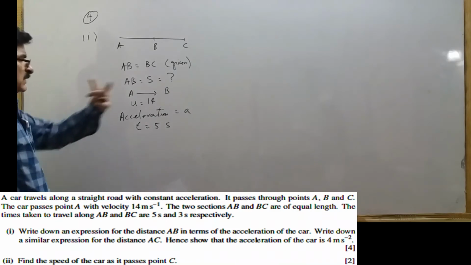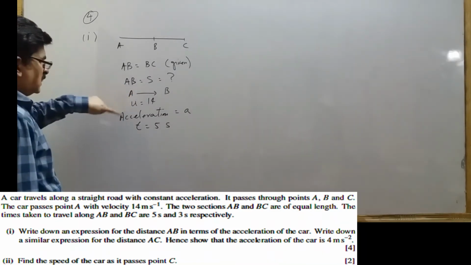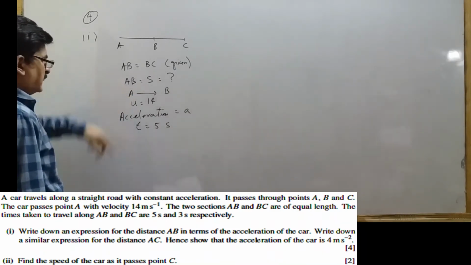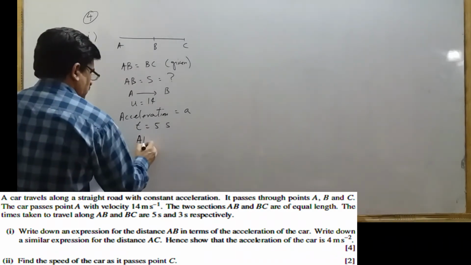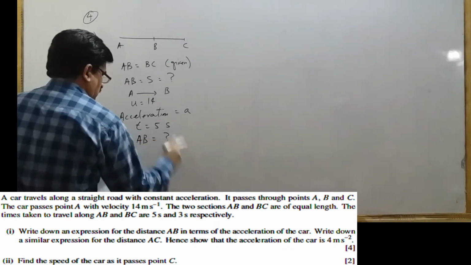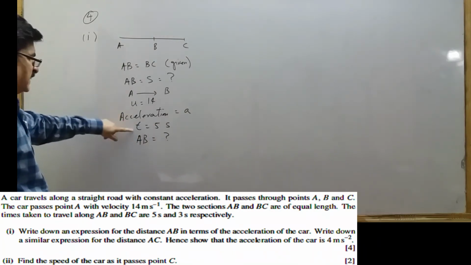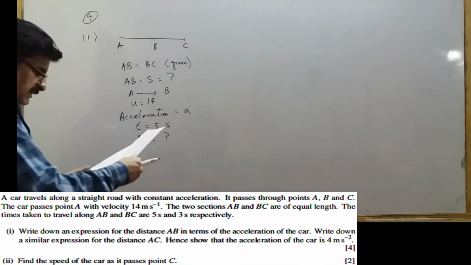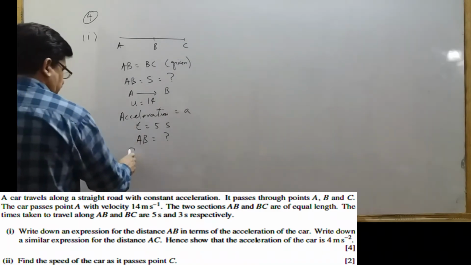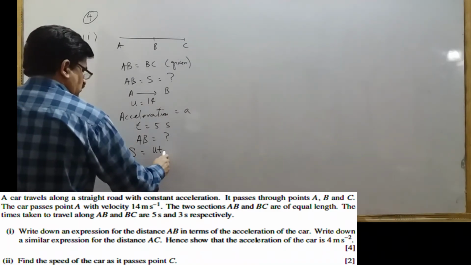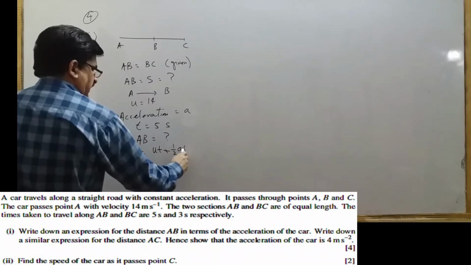So which equation of motion involves displacement? We have to find displacement, so displacement, initial velocity, time and acceleration. The equation which involves these quantities is s is equal to ut plus 1 over 2 at square.